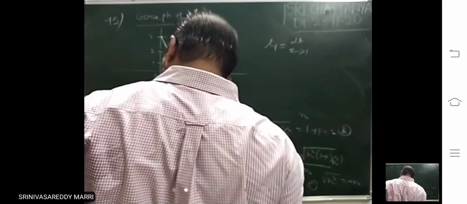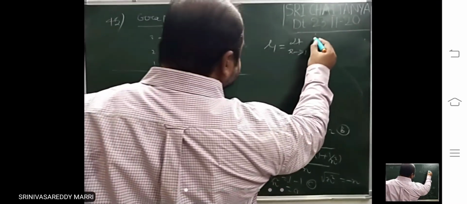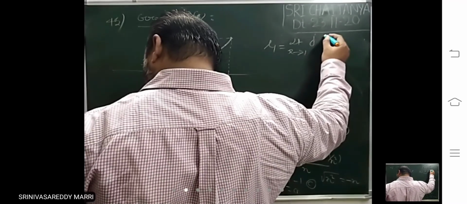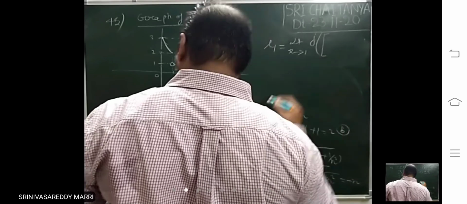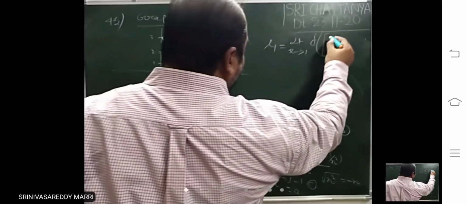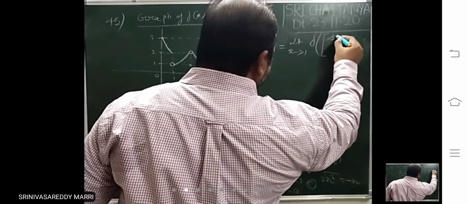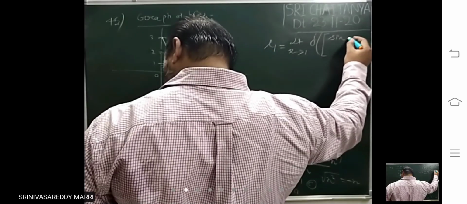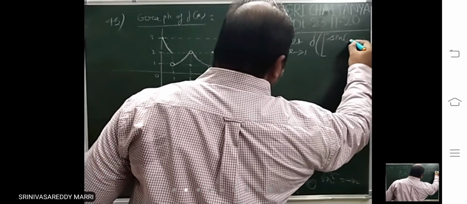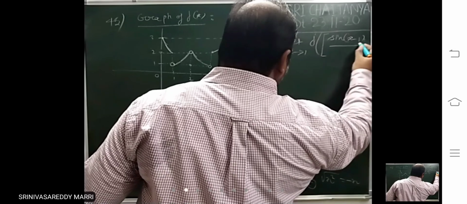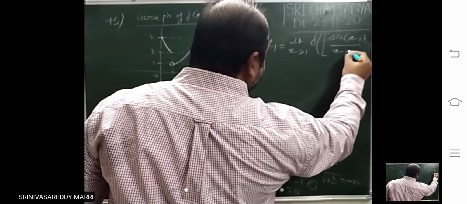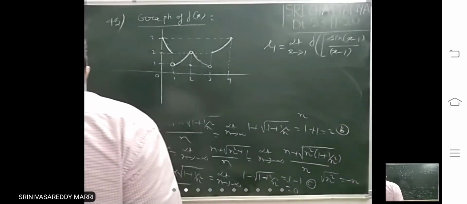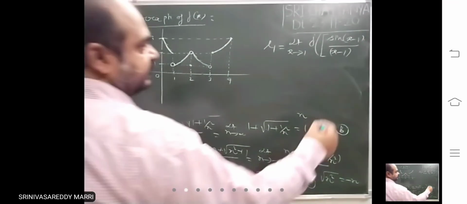Limit x tends to 1 of f of step of sine of (x minus 1) divided by (x minus 1).